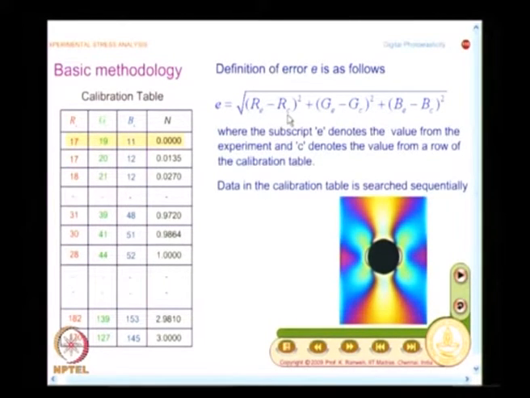That is why it is given subscript C. So, I have the R value difference, the G value difference and the B value difference. If the colors match, then I have found out the fringe order corresponding to the data point of the experiment. But in general, because of experimental difficulties, it will not typically go to 0, it will have some finite value.